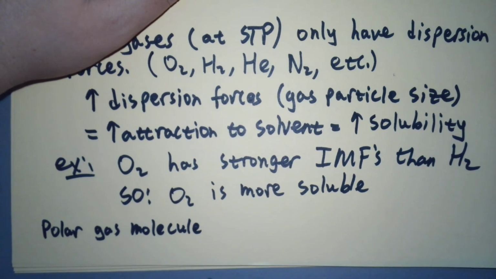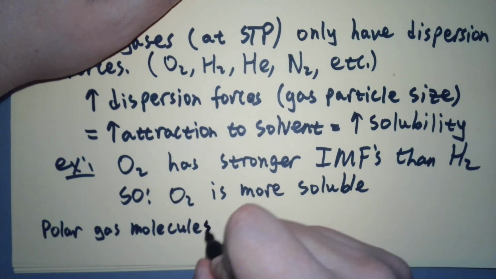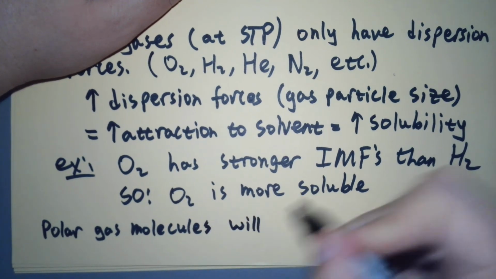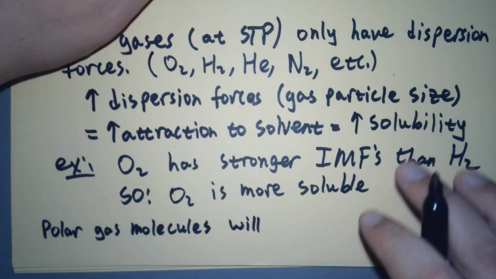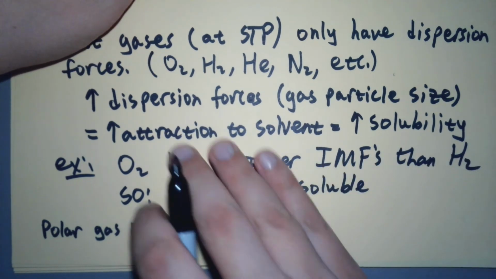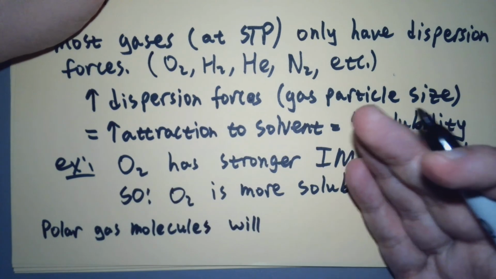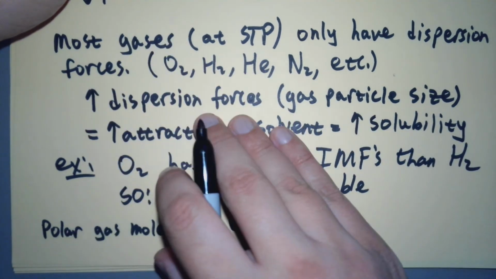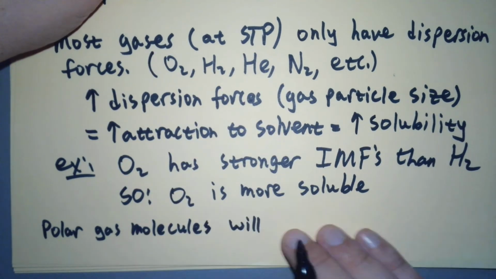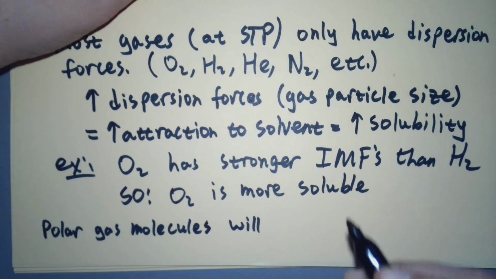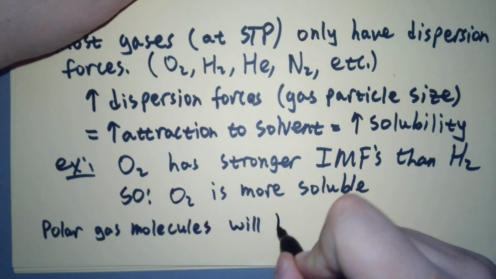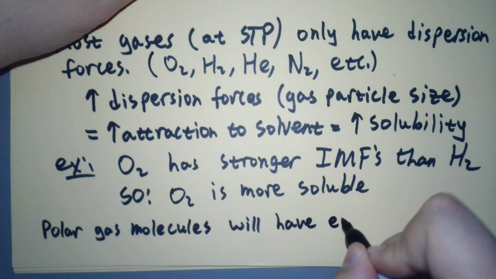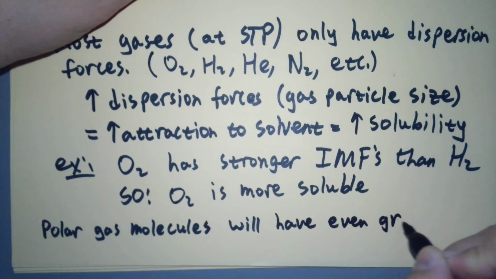It's going to have greater solubility than anything with just dispersion forces. Because again, it's just increases in IMFs. It's not just dispersion forces, but IMFs in general. Just most of them only have dispersion forces. But if you do have something that's a polar gas molecule, they're going to have even greater solubility.